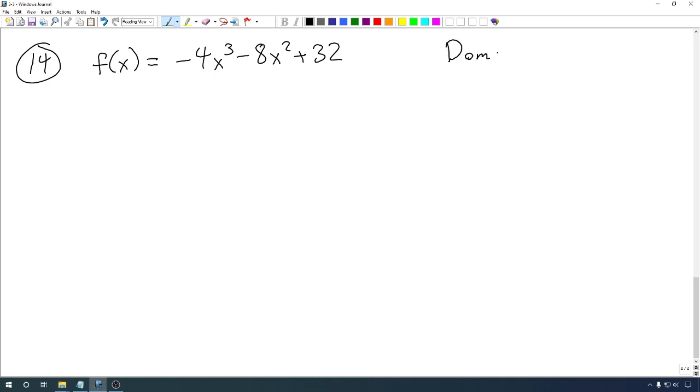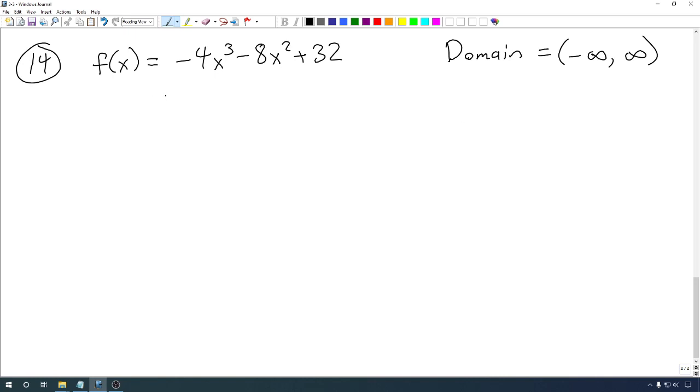Now this is just a polynomial, it's a cubic, so its domain is going to be everything anyways. So in this particular case, that's not too useful, but it's always a good idea to have the domain of the function in the back of your mind somewhere.